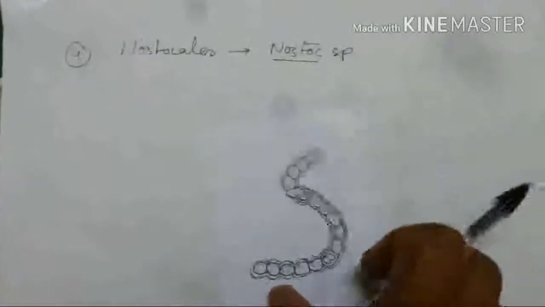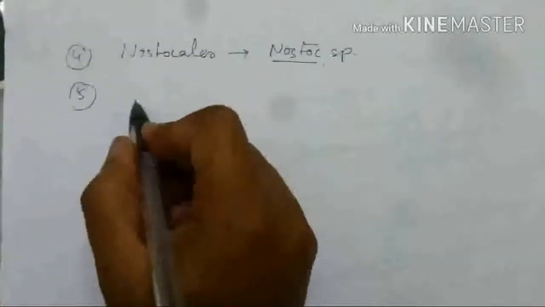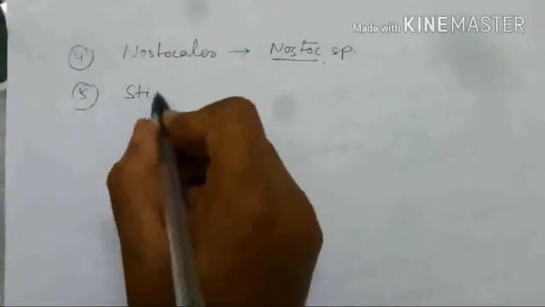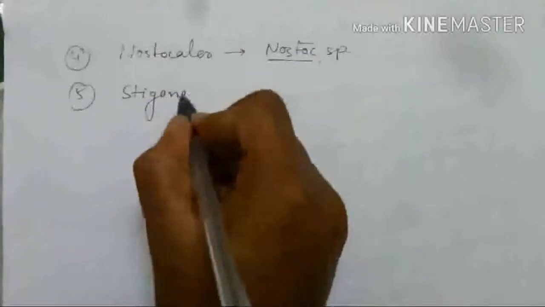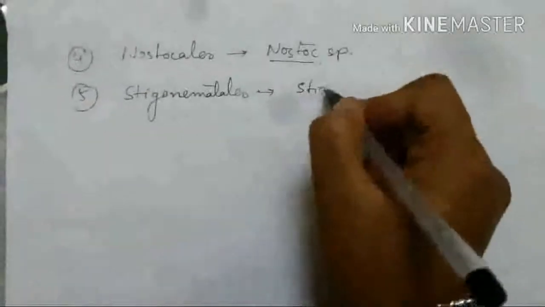Now the last, fifth order is Stigonematales, and an example of this algae is Stigonema.